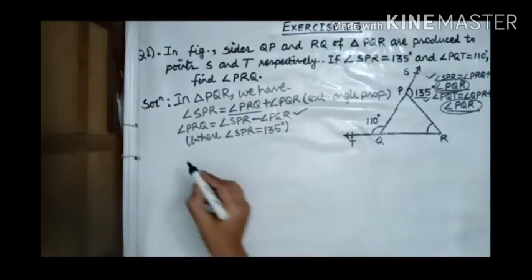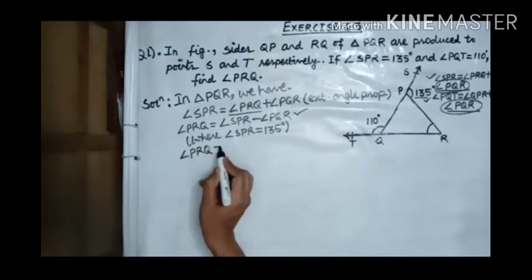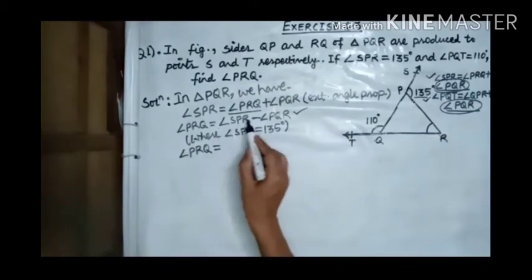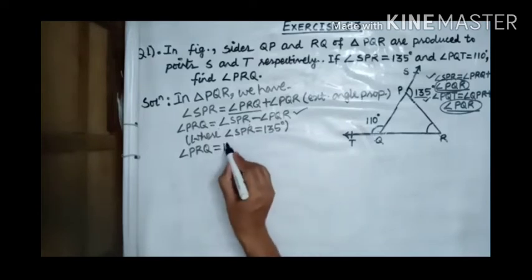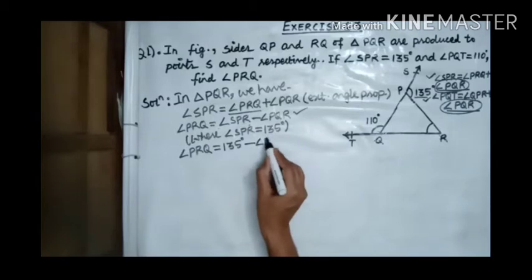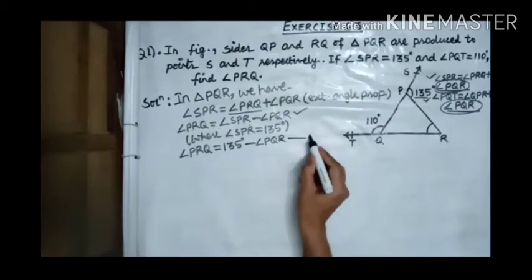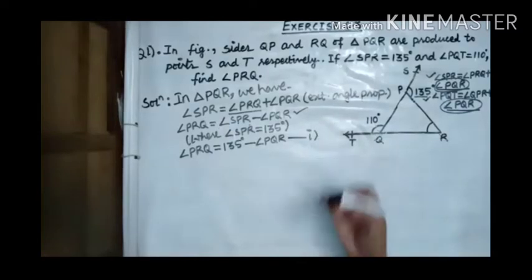Therefore, this relation becomes angle PRQ equals, in place of SPR we use 135, minus angle PQR. Let this be equation first.